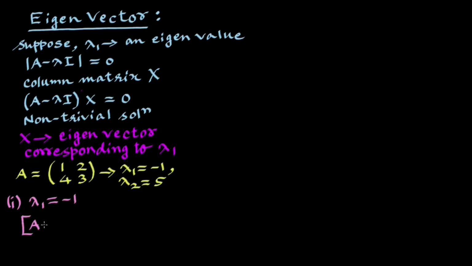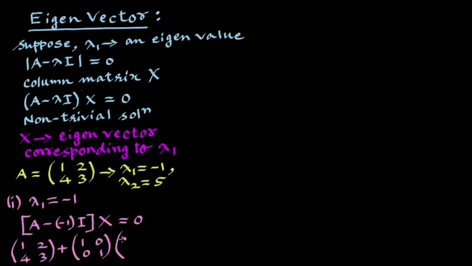We have (A minus (minus 1) into I) into X equals 0, where X is the eigenvector corresponding to eigenvalue minus 1. 1, 2, 4, 3 matrix plus 1 into identity matrix 1, 0, 0, 1, into column matrix x1, x2 equals 0 matrix 0, 0.